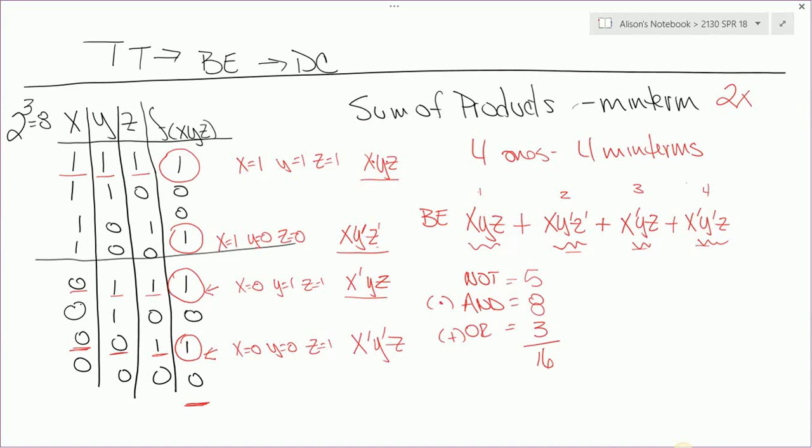I can see that number 3 and 4 both have x naughts, and so I could factor out x naughts. As a matter of fact, 3 and 4 also have z's, which means I should be able to factor out an x naught and a z from terms 3 and 4. So I would look for common values within each one of the terms that I could factor out to simplify this. But we're going to move on to another example of sum of products.